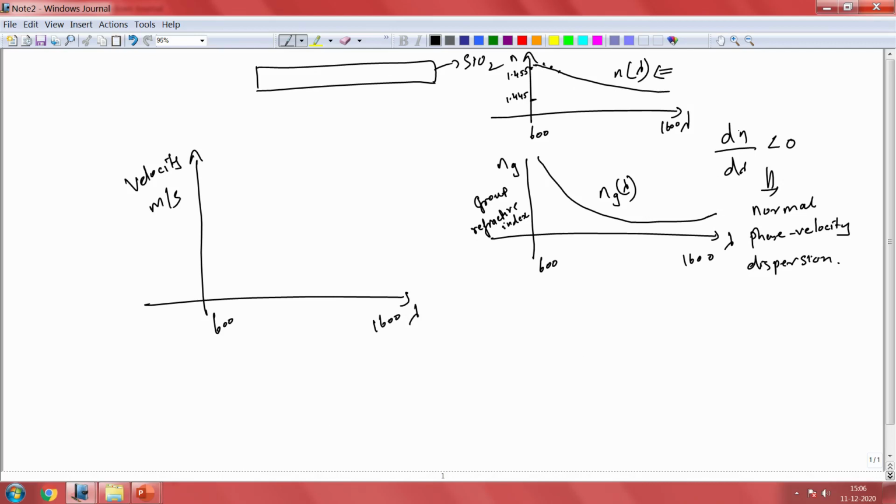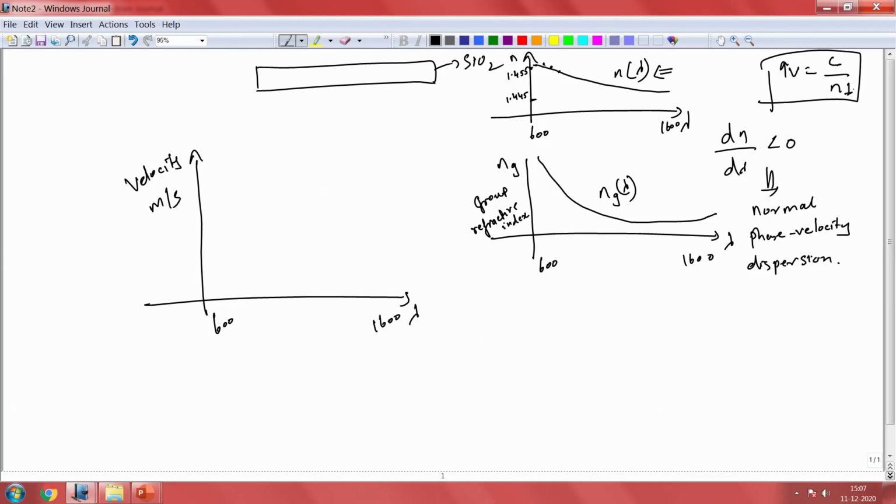So there is a reduction in refractive index. What is the implication of reduction in refractive index? We know that the velocity is given by c over n. So when your refractive index reduces, your speed will increase. The maximum you can get is of course v equals c, that means when n equals 1, which is free space.